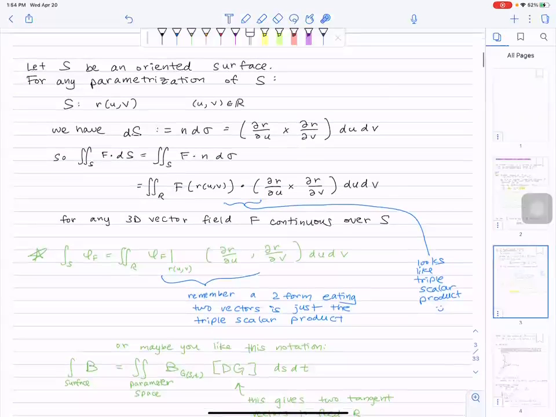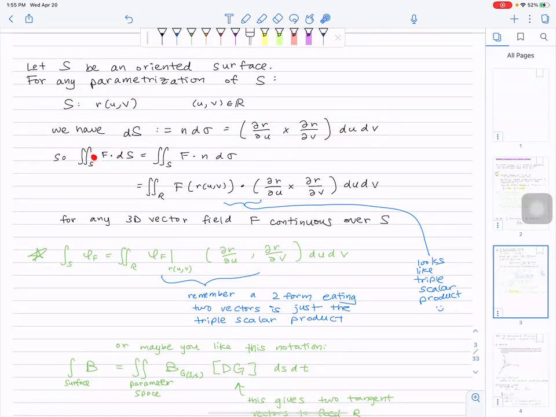For most of the questions we've done, you always parameterize first. Given some parameterization, we can find dS, which is done by taking the derivatives of our parameterization, cross-producting them, with respect to each variable. So that's how you define dS.